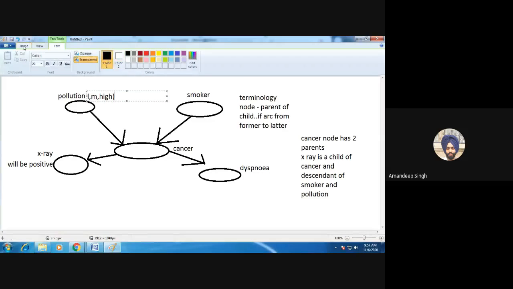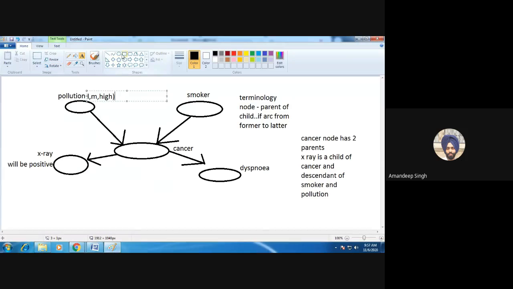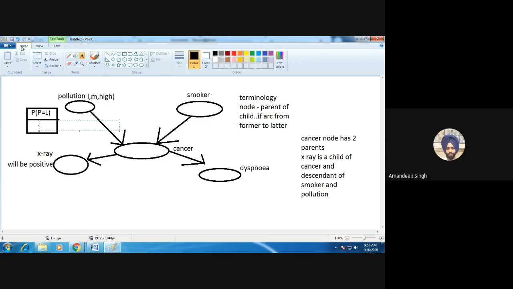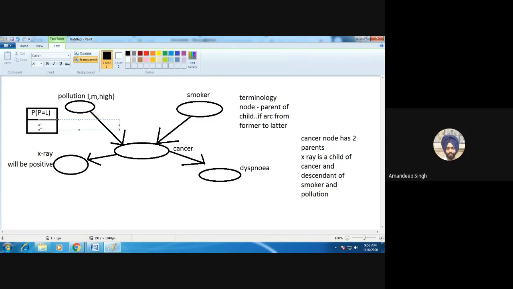Now, if we try to build the conditional probability table for this, you need to draw like this, and here you can write the probability, and here you need to specify the value. Let us assume that it is 90%.